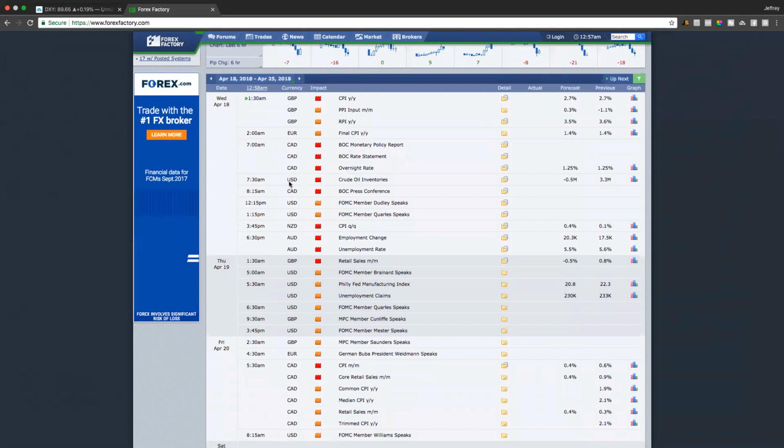We've got crude oil inventories, which, if you guys don't know, USD CAD is inversely correlated to oil. So if oil moves up, USD CAD will move down. But in terms of crude oil inventories, this is usually a volatile news event for USD CAD.